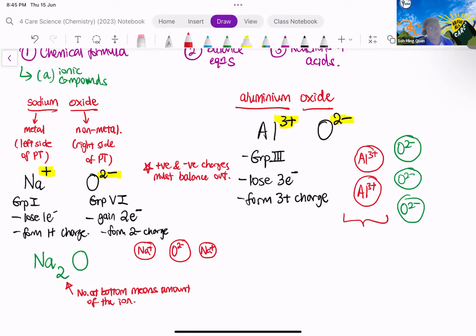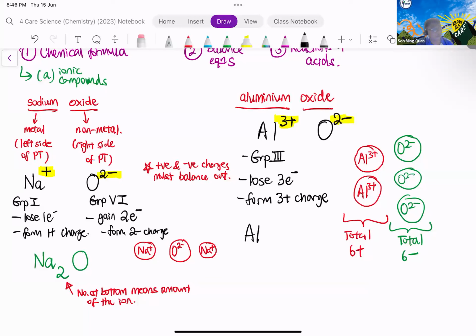Because 2 Al3 plus total 6 plus. Negative charges, each is 2 minus. If I got 3 of it, total 6 minus. So finding the lowest common multiple would allow you to quickly work out, oh, I need 2 aluminium ions. I need 3 oxide ions.